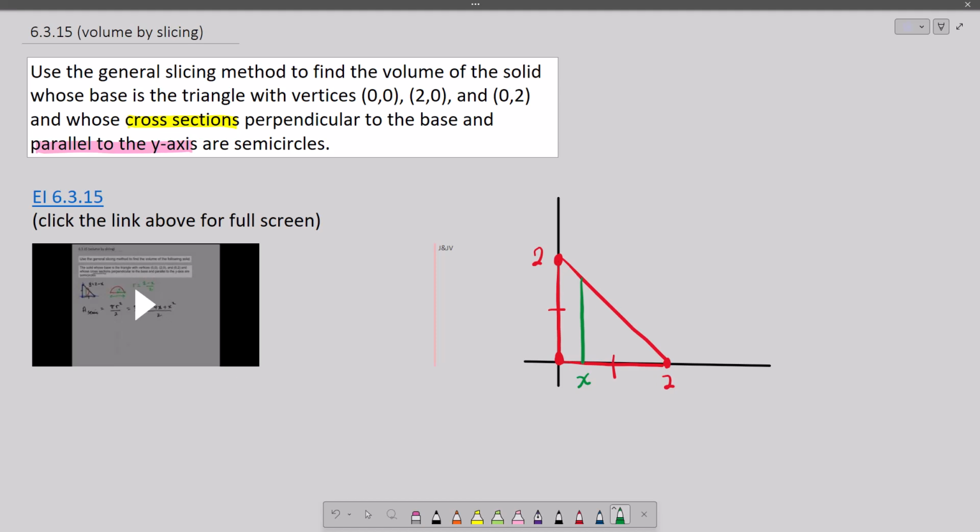All right. And now it tells us what the shapes are. So the shapes are semicircles. So we're envisioning all of these semicircles that are kind of stacked next to each other, coming straight out of the board like that. So it's kind of like half of a skewed birthday cap kind of thing. So those semicircles are coming straight out of the board.